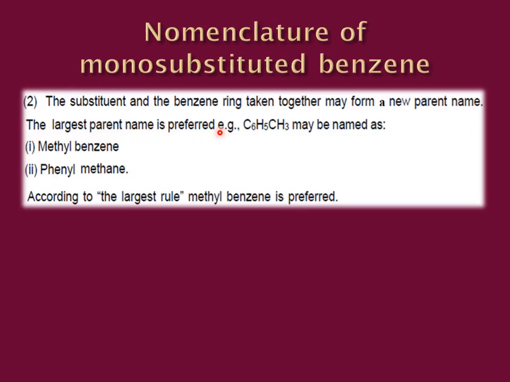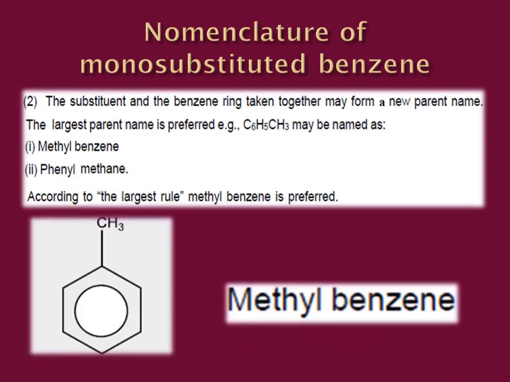methylbenzene is preferred. Now students, this is an alkyl group and benzene is an aryl group. Mostly, we have seen in nomenclature that we take alkyl groups as parent. So the name can be phenyl methane. But when such a case exists, then according to the rule, the largest rule is applied.